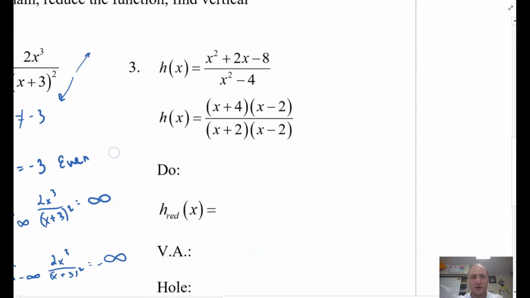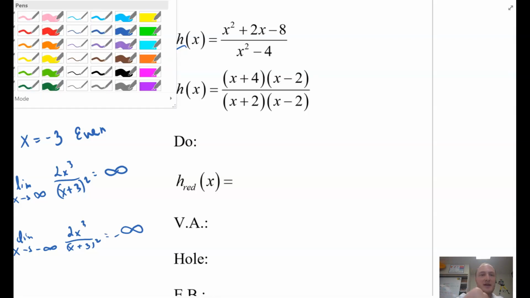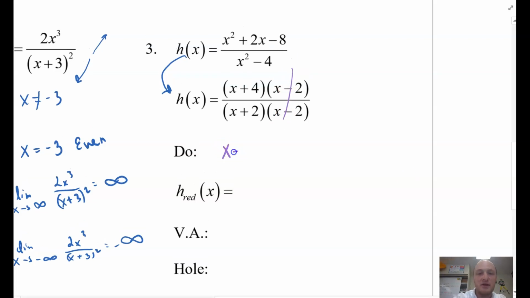Last example, example 3. Here we have h of x, and if we factor h of x and simplify it into this form, we have two terms that match, top and bottom. So in this case, I have two discontinuities: a discontinuity at -2 and a discontinuity at 2.